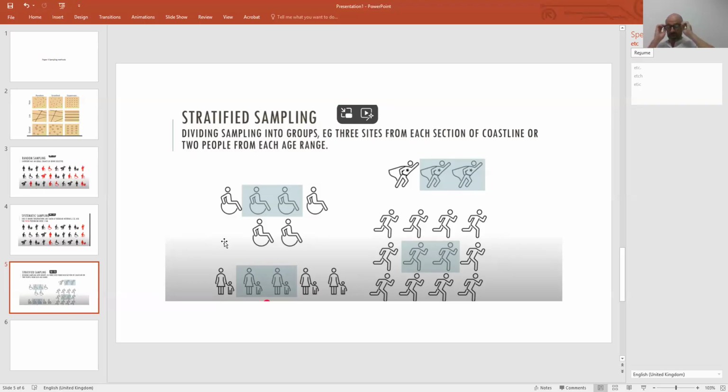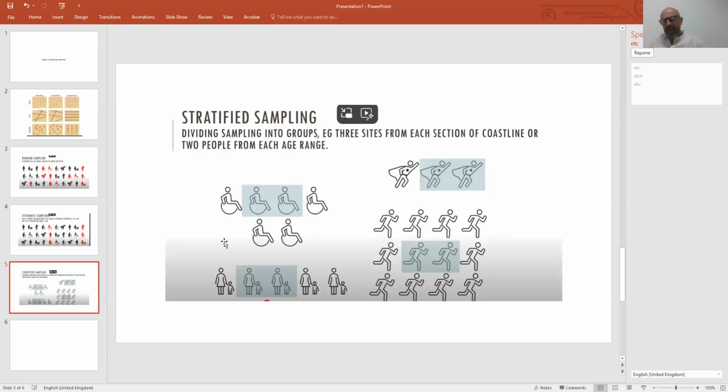Okay, the graph in front of us is for human geography. What they've decided to do is, instead of just asking random people or every 10th person with systematic, they want to make sure they get the opinions of all groups. So clearly they're making sure they're asking the same questions of disabled people, parents, athletic people.